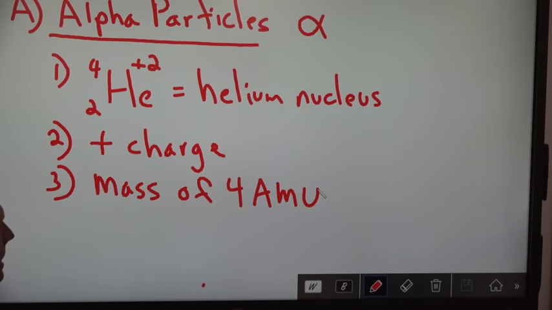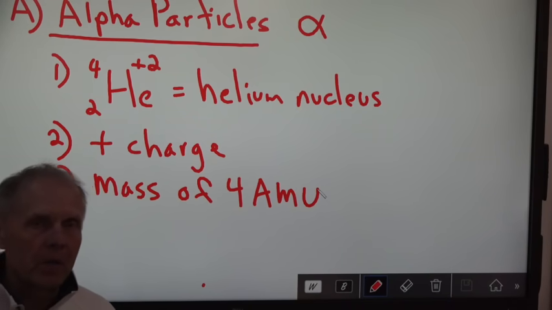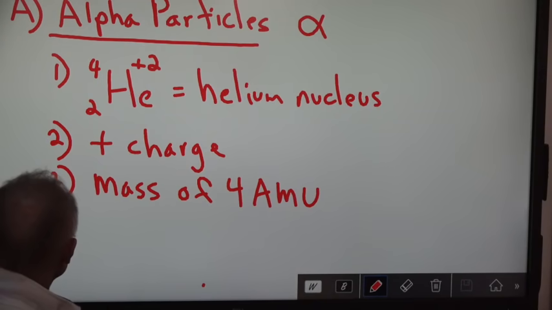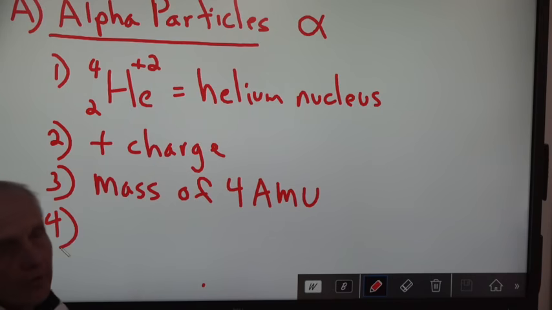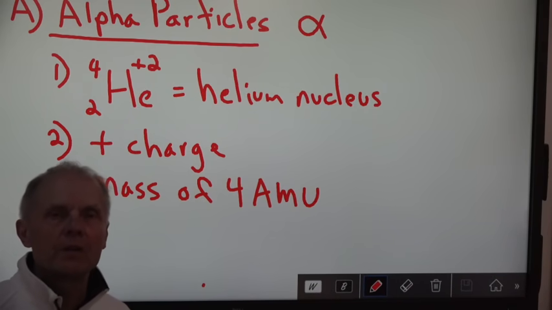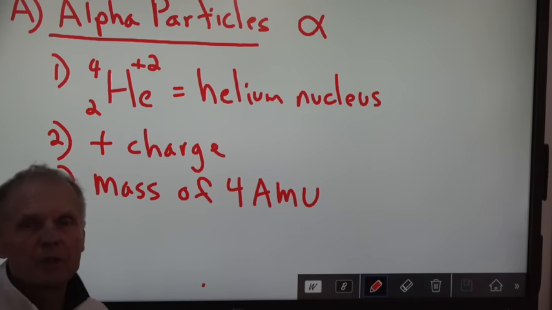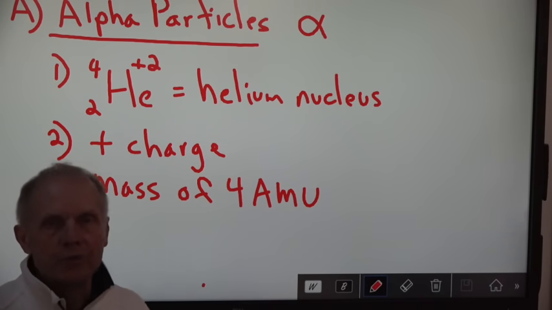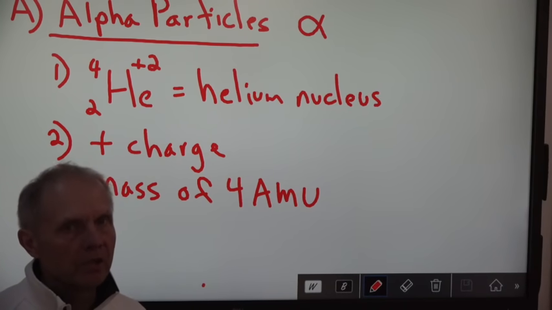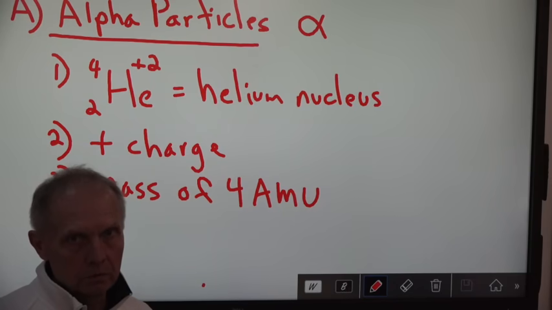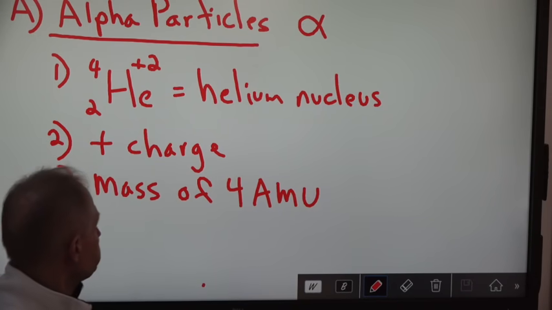So, the way I look at an alpha particle is this. Compared to all the other particles that are shot out of the nucleus, this one's the biggest. So when you think of an alpha particle, I want you to think of a bulldozer. And you know bulldozers are really big, but they go very slow.